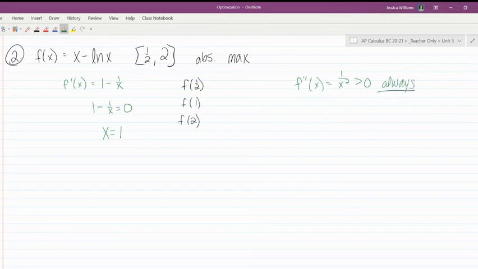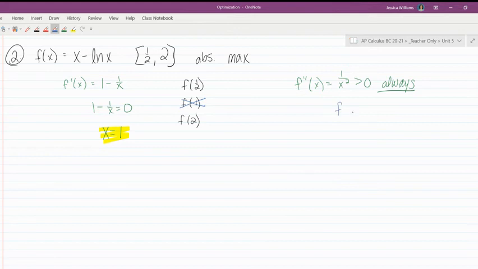So what that means is this curve that we're dealing with in this interval from 1/2 to 2 is always concave up. Well, if it's always concave up, then this value I got over here as a critical point is a relative min. So I don't have to test it. And that takes away some of the work I need to do.